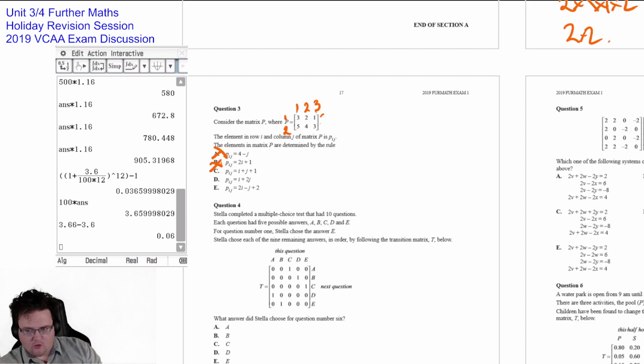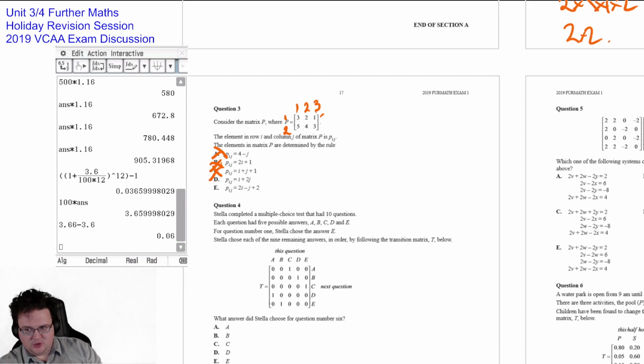Well, if we go row 1, column 1, 1 plus 1 plus 1 is 3. Cool, okay, so we're off to a good start. Row 1 plus column 2 plus 1 should equal 4, but it doesn't. Therefore, it can't be that.